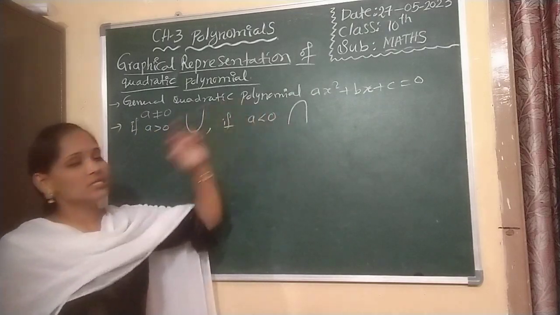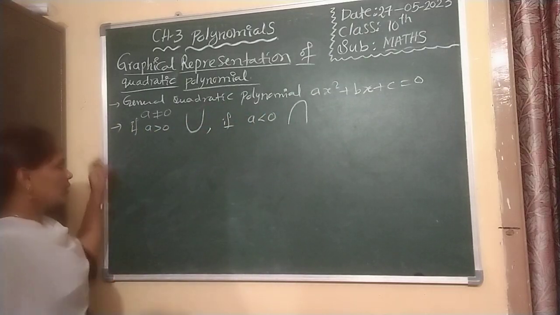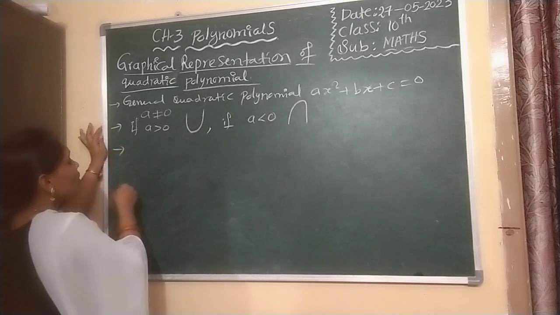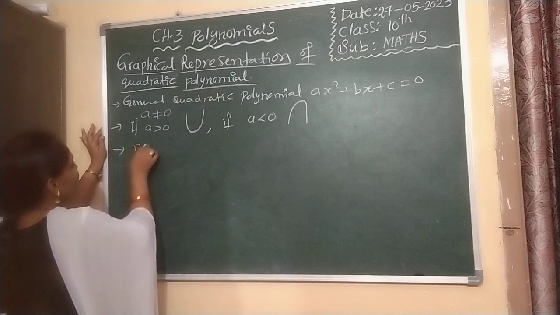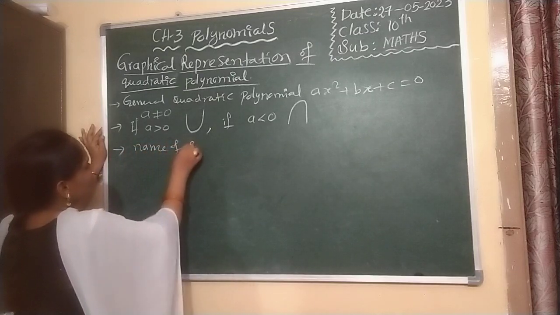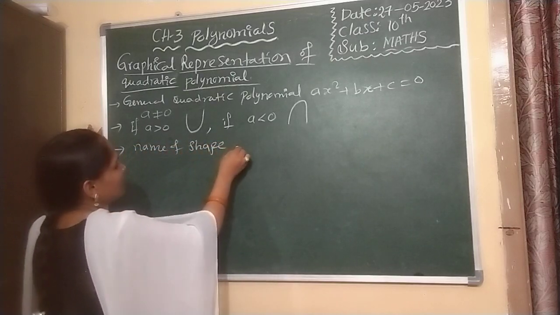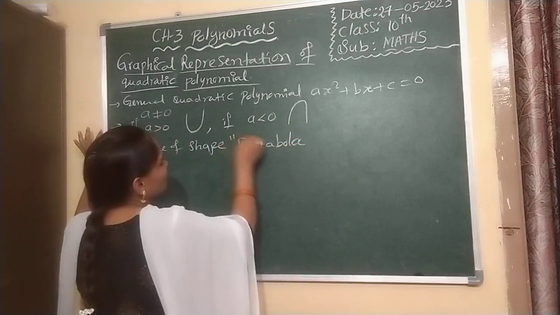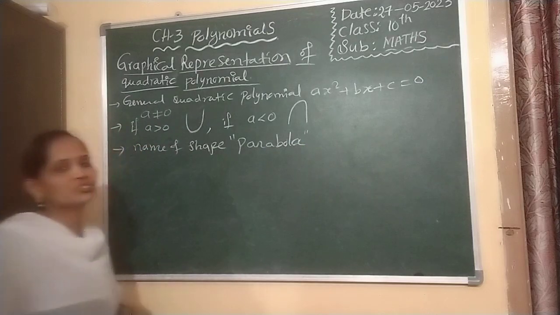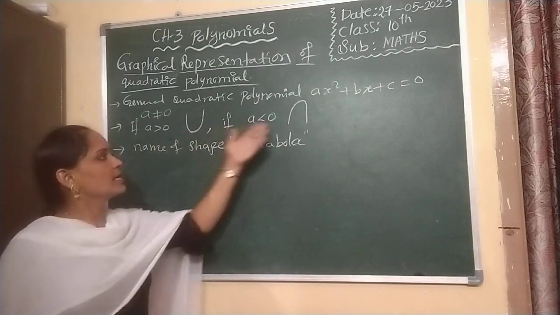What can we call the name of these shapes? These shapes we call a parabola. Generally, the name of this shape is parabola.